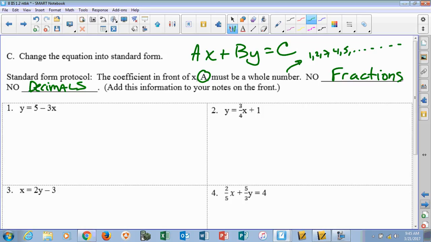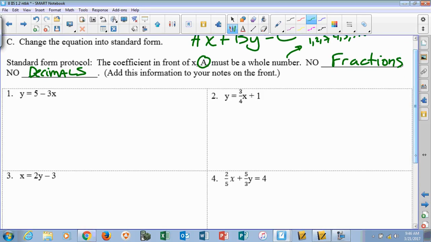So that first number has to be positive. Can't be anything different. So as we go through a couple scenarios here, we're going to do the first two together. And then this should give you an opportunity going forward to work on it and see how you do.